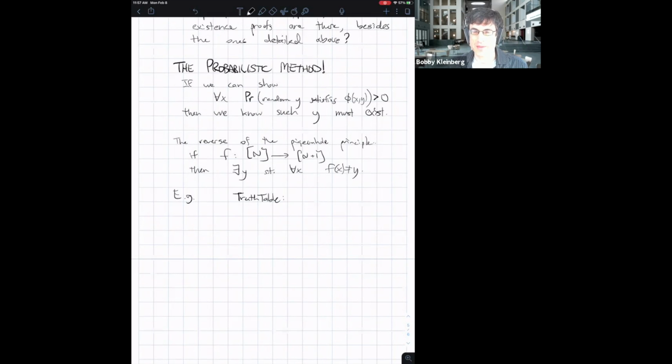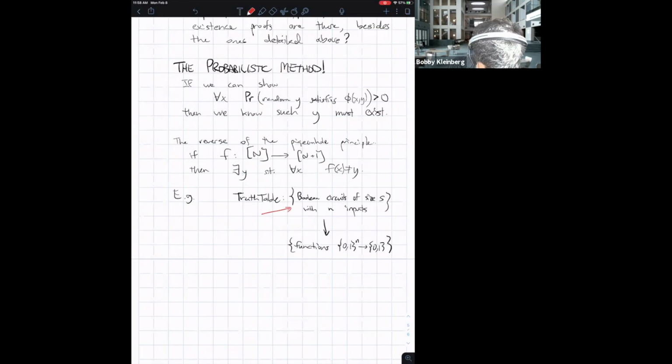You could think of the function truth table. So this is a function from size-s Boolean circuits with n inputs to functions from {0,1}^n to {0,1}. How many of each are there?